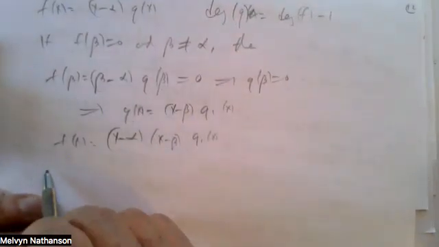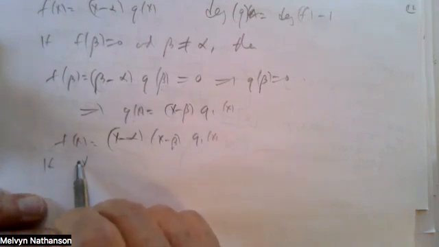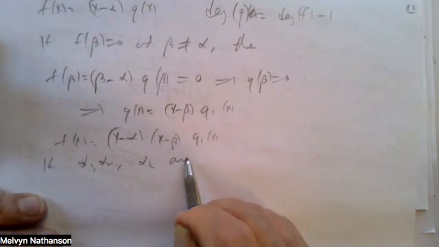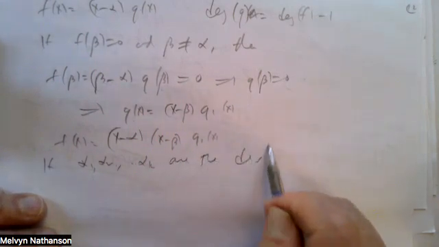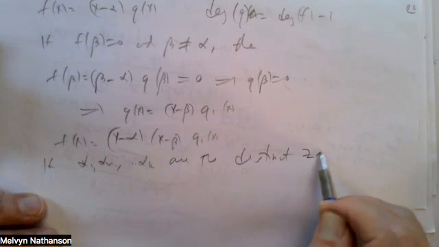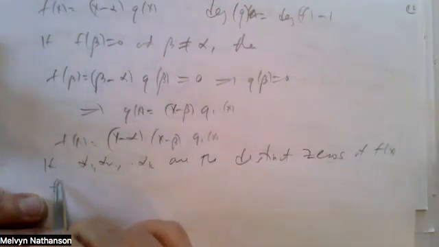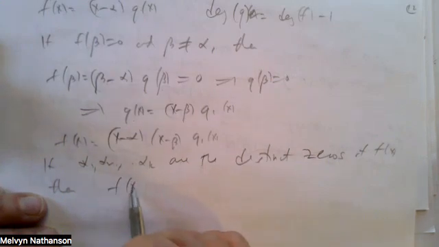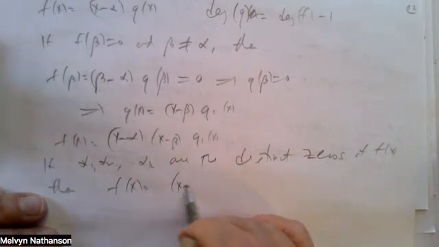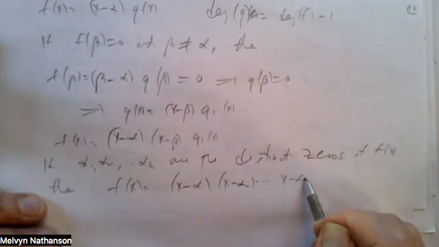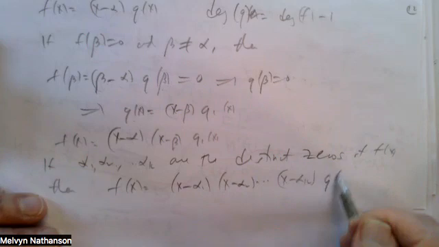And if we proceed step by step, if alpha 1, alpha 2, up to alpha k are the distinct zeros of f of x, then f of x is going to be equal to x minus alpha 1, x minus alpha 2, x minus alpha k times some quotient q of x.